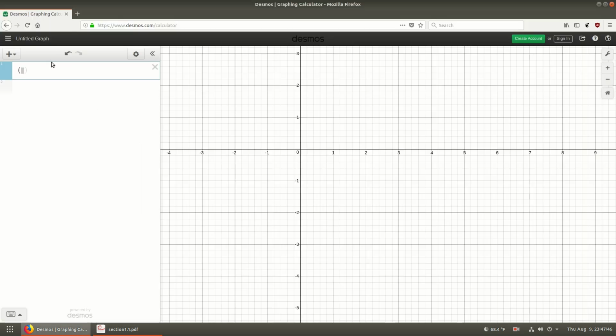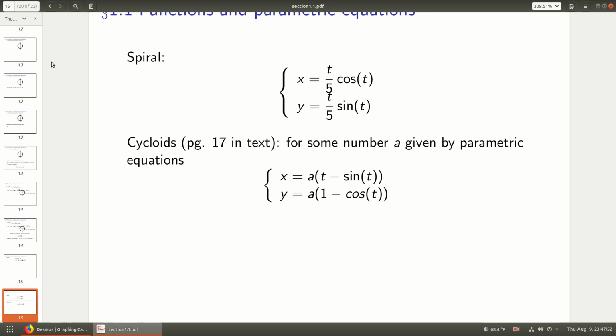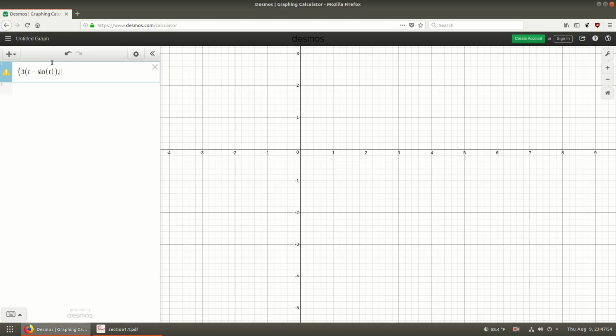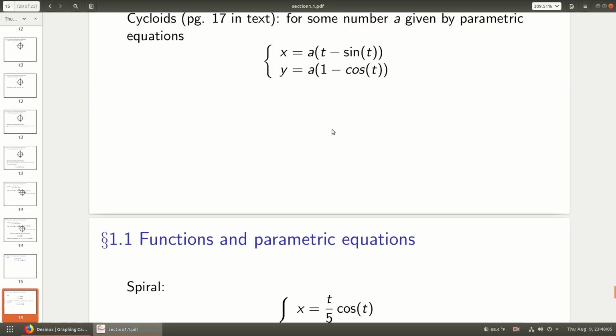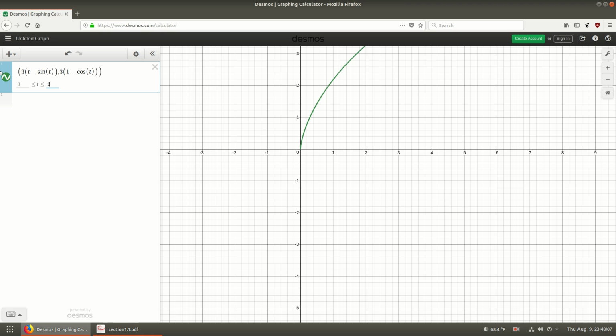So let's try this one. So x is 3 times t minus sine t, and the y has the same number, so 3 times 1 minus cosine t. Yes. And we don't have values to go between. I guess I didn't for the spiral either, but 0 to 2 pi is pretty common.